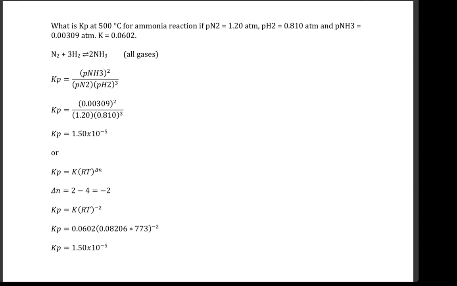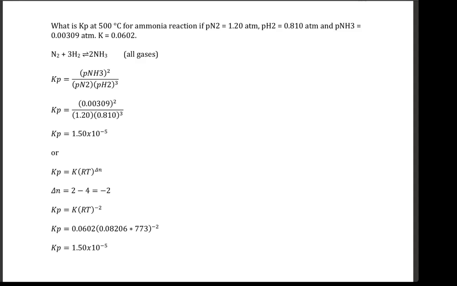Delta N, looking at our reaction: we have 2 NH3, no other products, so we take 2 and then minus the invisible 1 in front of the N2 and the 3 in front of the H2, so we have 2 minus the quantity 4. That is, delta N is negative 2, so we have Kp equals K times RT to the negative 2.